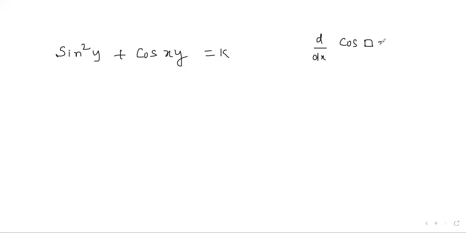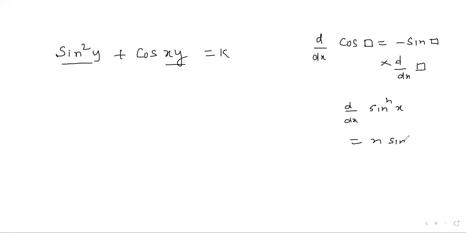So cos block gives minus sine block times d upon dx of block. So here that rule we can apply. Also we know d upon dx of sine power n x will become n sine n minus 1 x into d upon dx of sine x, that is cos x. So we can apply that rule here.